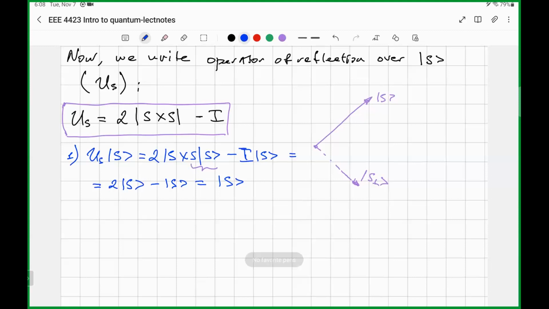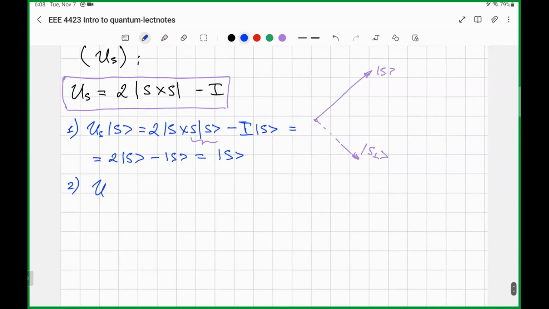Let us check that. So US applied to the orthogonal vector S is equal to 2 vector S, then vector S orthogonal. Okay, then minus identity vector S orthogonal. Again, because this vector S is normalized, and since this vector S orthogonal is orthogonal to the vector S itself, right?